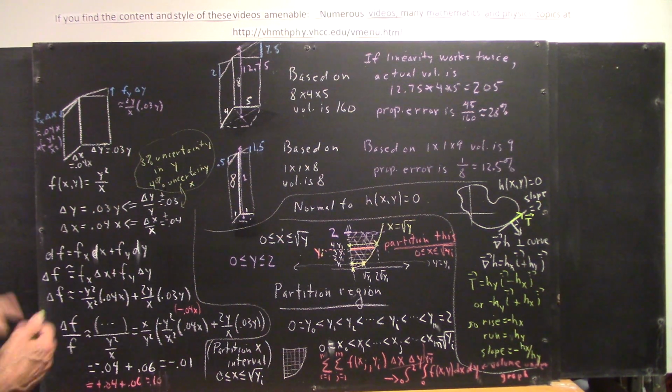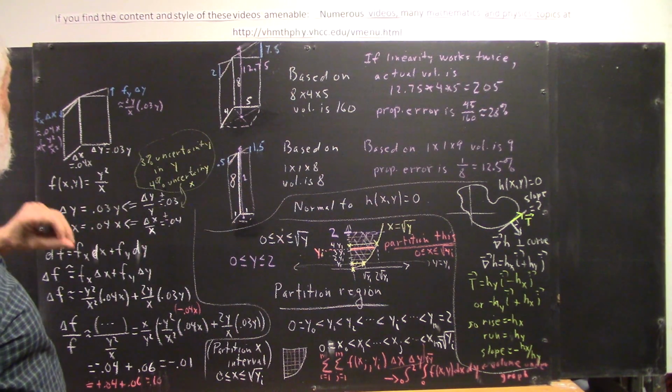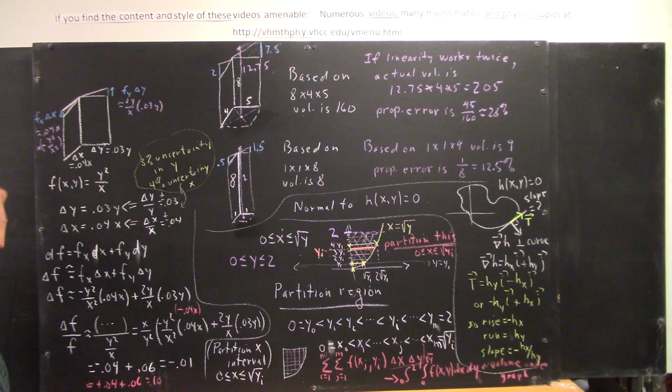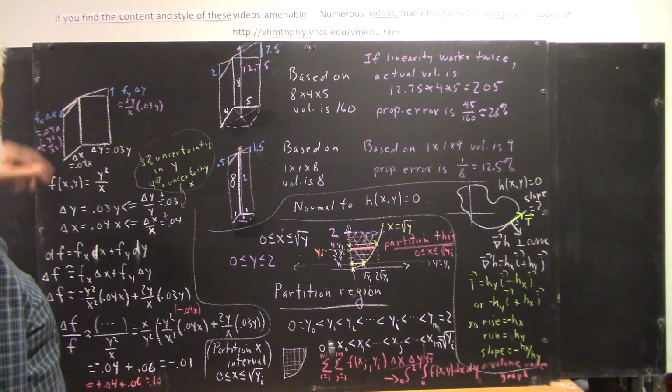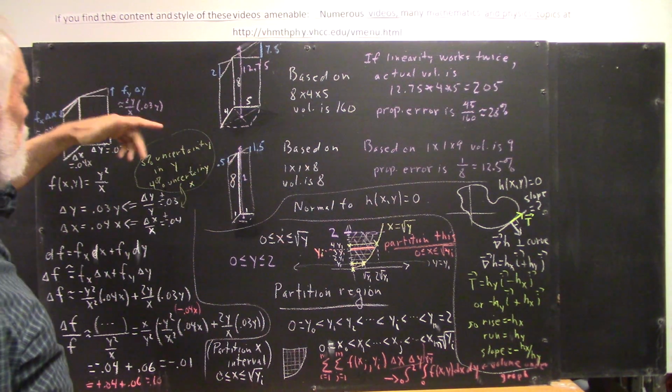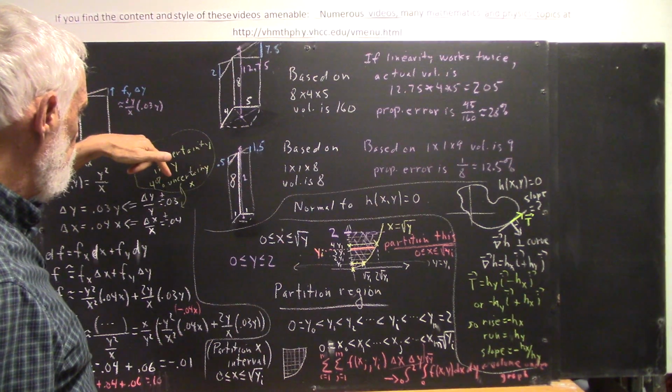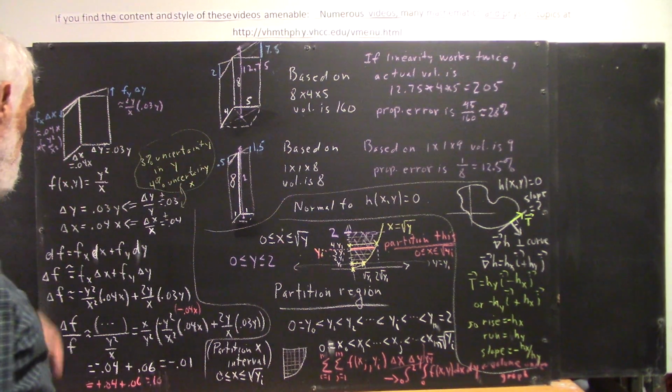Now, it helps to understand what's going on here. It helps to sketch this, hopefully by now familiar picture. First of all, let's interpret 3% uncertainty in y, 4% uncertainty in x.